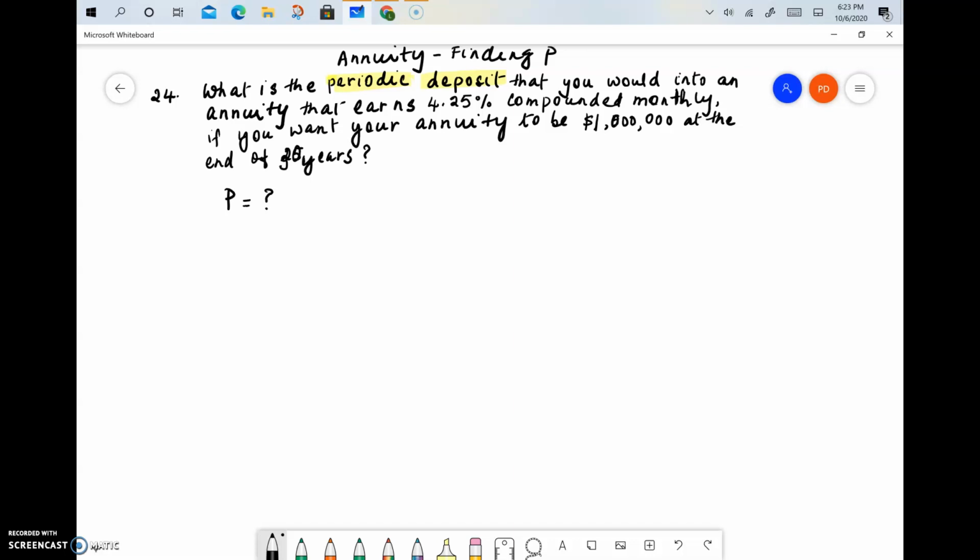What is the periodic deposit that you would put into an annuity that earns an interest rate as given? Let's change it to a decimal first. So 0.0425, which is 4.25 divided by 100 because it's a percent. It is compounded monthly, which means the number of times it's compounded is 12.